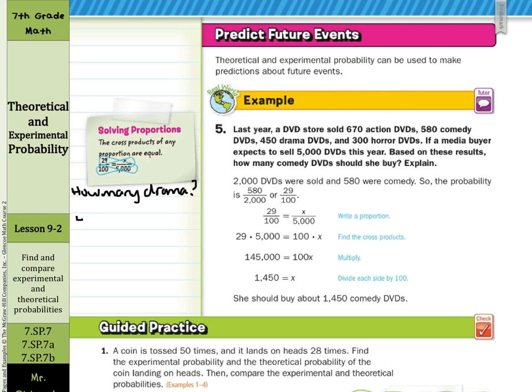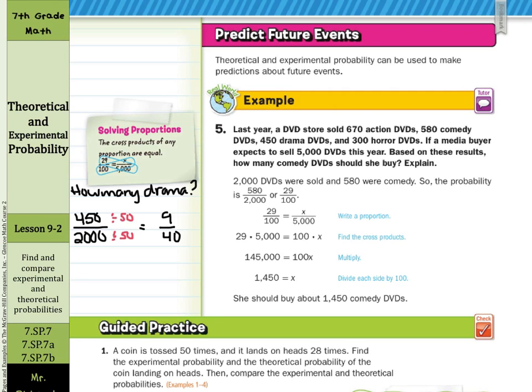So we can start off by saying, all right, 450 over 2,000. And it will be easier if we can figure out a way to simplify these, and there is. You can divide both our top and bottom here by 50, which simplifies this down to 9 out of 40. So 9 out of 40 DVDs sold last year were drama DVDs.